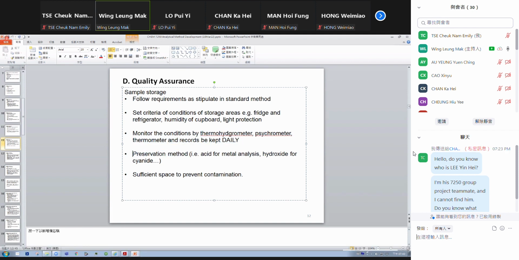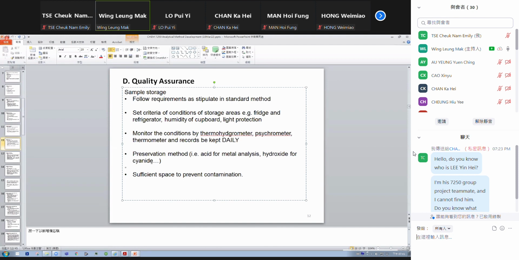This one is very tricky. For the environmental test, for the samples you collect from the environment, if you want to test for heavy metals, normally we will stabilize the samples with some acid. You add some nitric acid inside your sampling bottle to preserve it.